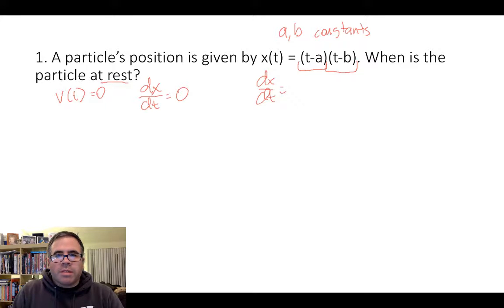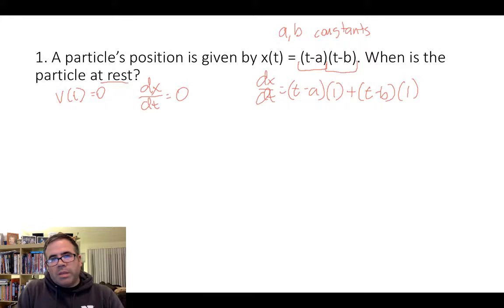So we take the first expression, t minus a, and we multiply it by the derivative of the second. Now, the derivative of t minus b, derivative of t is 1, derivative of b is 0, so this is just 1. Similarly, to finish off the product rule, we take the second expression, t minus b, and multiply by the derivative of the first, which is also 1.